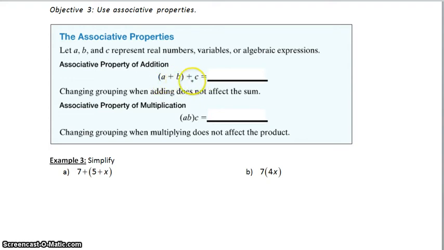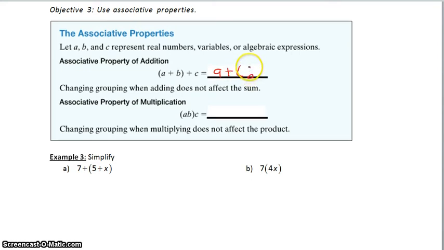So we have a plus b in parentheses plus c. According to the associative property of addition, if we shift those parentheses and it's all addition, we should still wind up with the same answer. So if we shift the parentheses, we will end up with a plus parentheses b plus c.